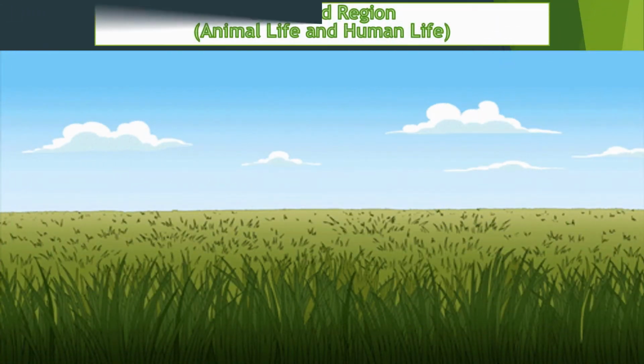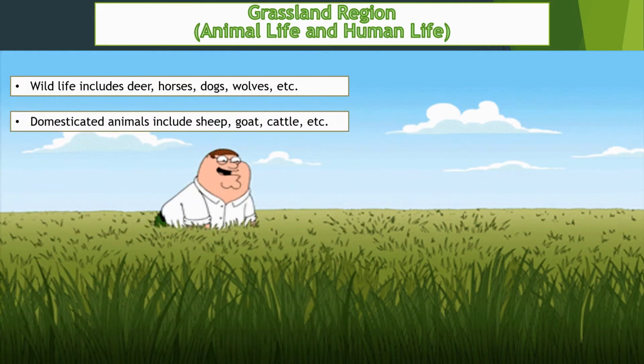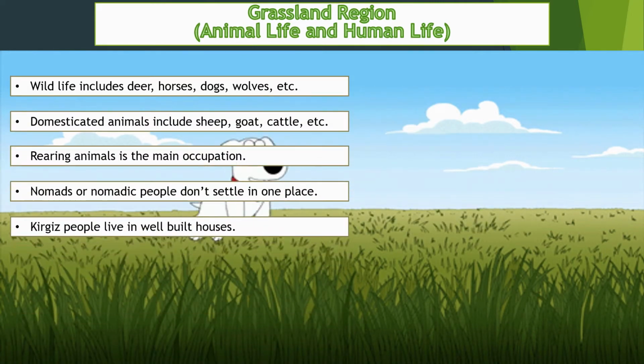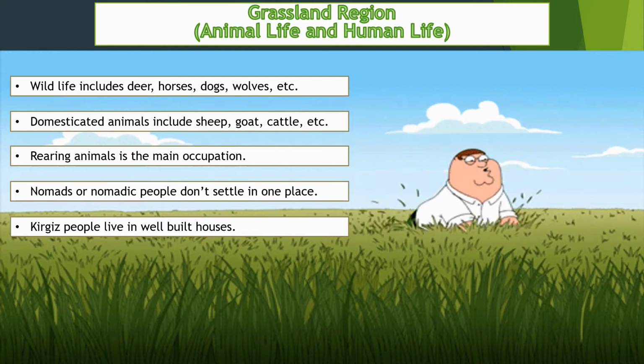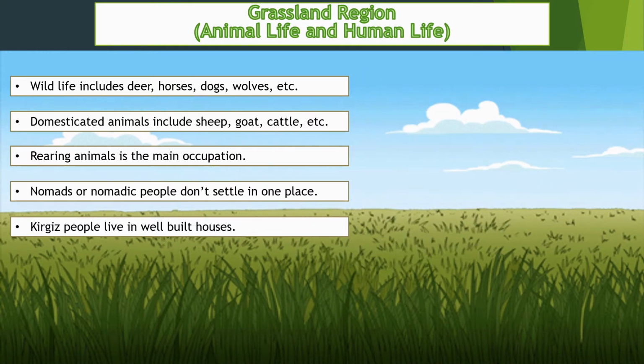There are a variety of species one can find in these grasslands. One can also find many herbivores on temperate grasslands.